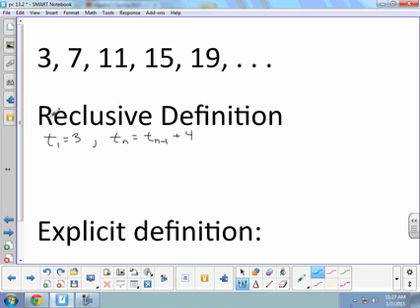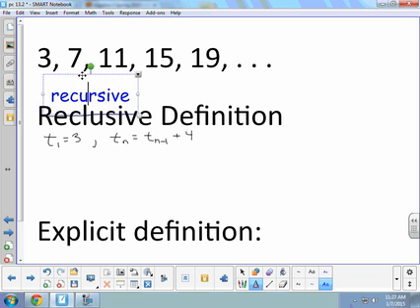That says reclusive. That should say recursive. That looks like that was a typo. And that would be the two things that you would need there. Your initial condition and what you are doing to the preceding.